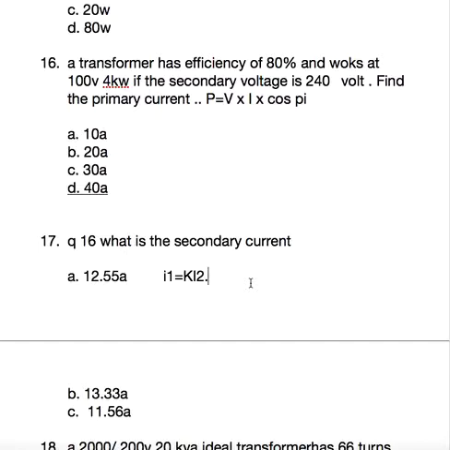So 4 kW divided by the secondary voltage, which they mentioned as 240. 4K divided by 240 will give you 13.33. But the answer is not 13.33, it will be about 16 point something. I will calculate it.